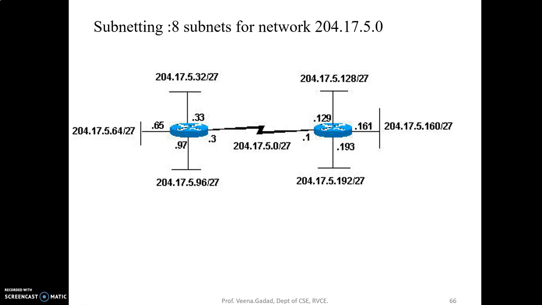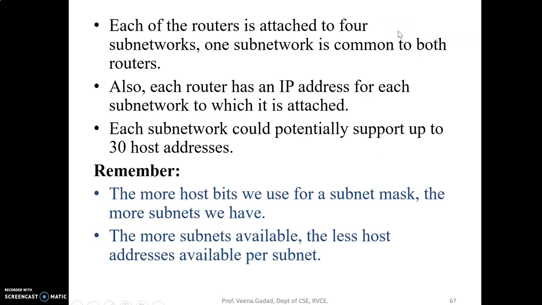Clear? Right. So here, if you observe the IP address, it is a class C address, and I have 8 bits in my host part. So in order to create 8 subnets, I need 3 bits. So the remaining 5 bits will be used for the host part.